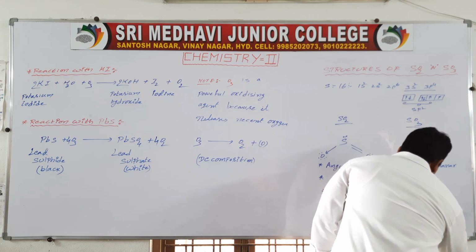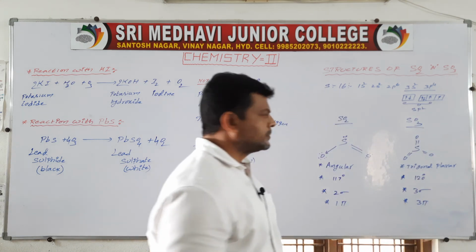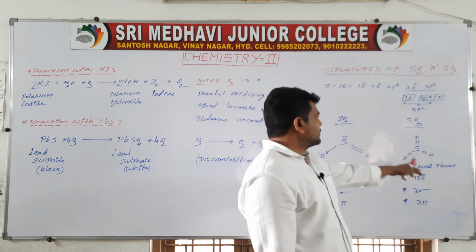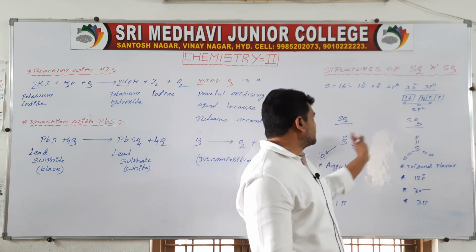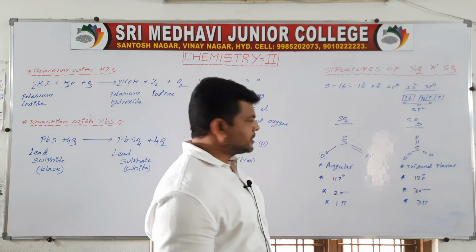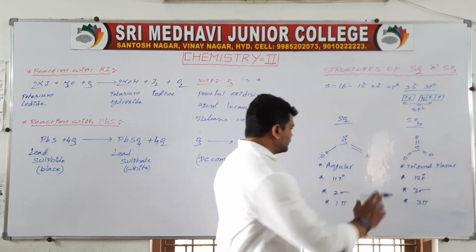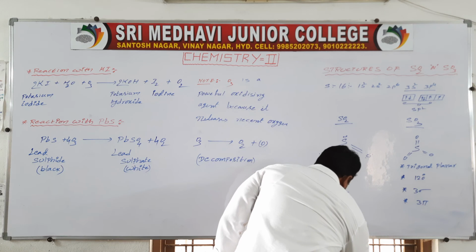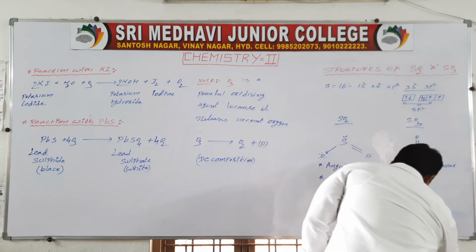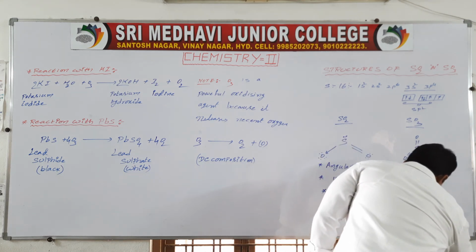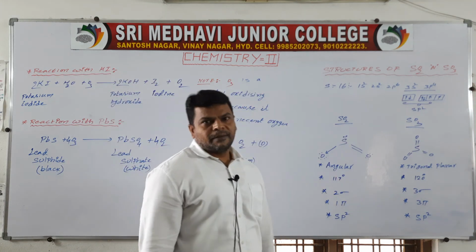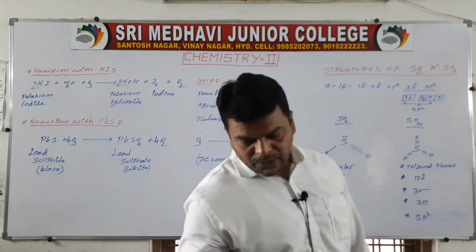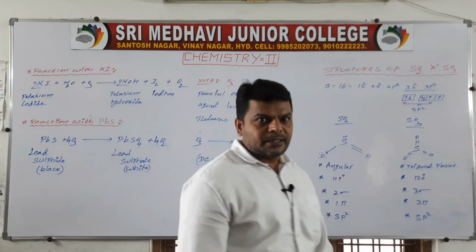How many pi bonds? 3 pi bonds. Okay, so here there is no repulsion, no lone pairs. So this is the structure of SO2 and SO3. Both undergo sp2 hybridization. So this is briefly today's class.